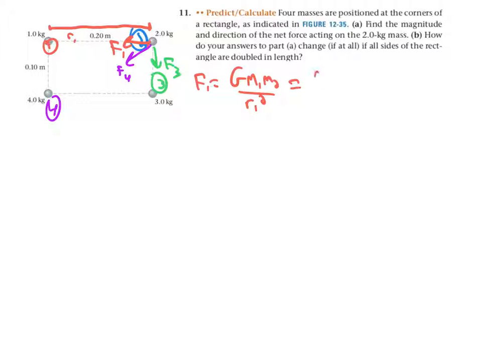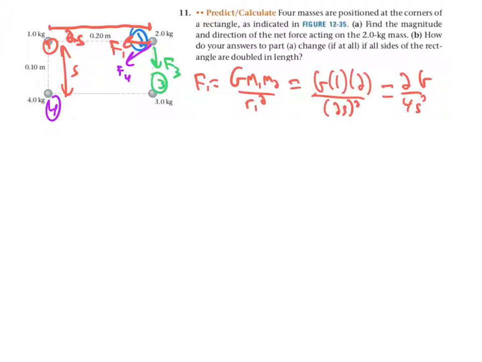I'm going to leave G as G for the moment, and then we'll have 1 kilogram times 2 kilograms over, let's call that distance 2s, and call this distance s, so 2s squared. So I get something like 2G over 4s squared, or 1/2 G over s squared.